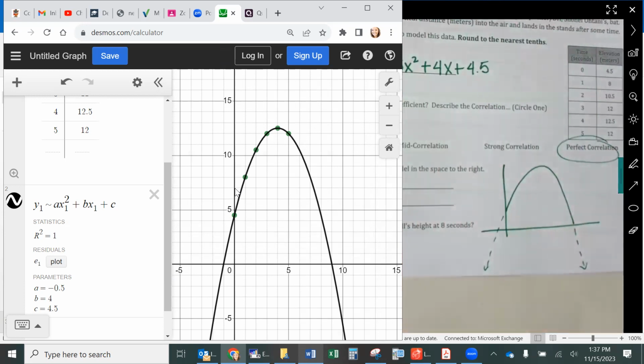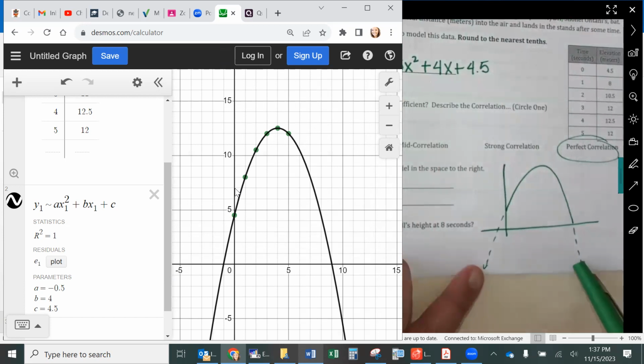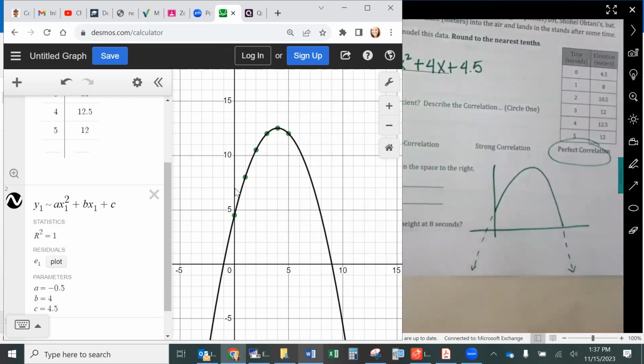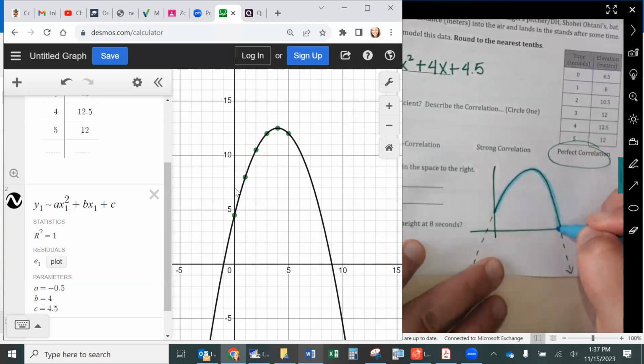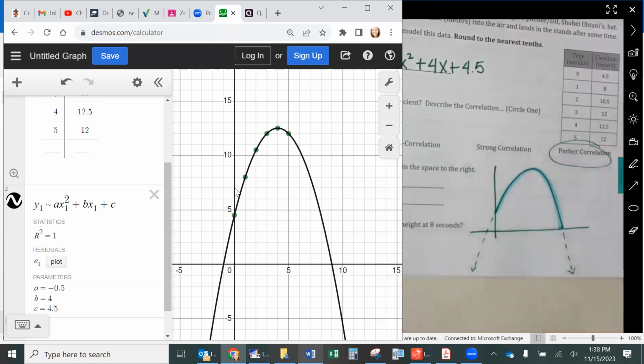So question, does it make sense that the ball would hit the ground and then keep going down? No. So that's why this part of the graph and this part of the graph don't really count. So really you only care about the ball goes up and then the ball goes down and then it's over. No extra on the other parts of the graph.